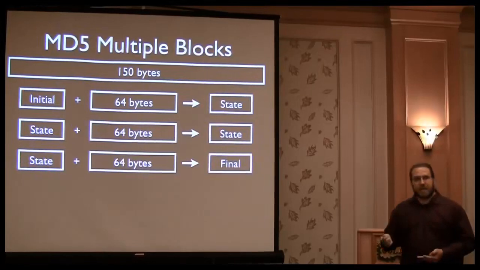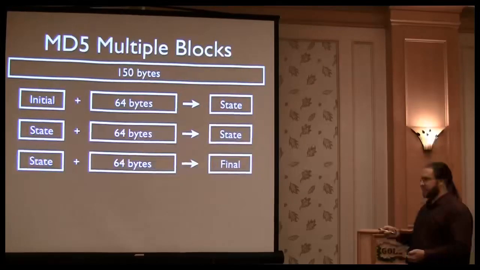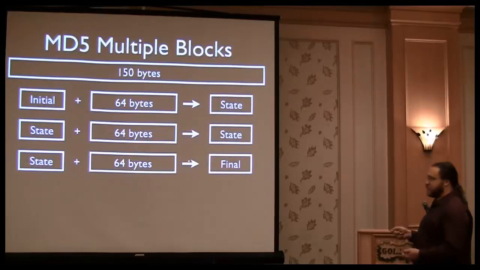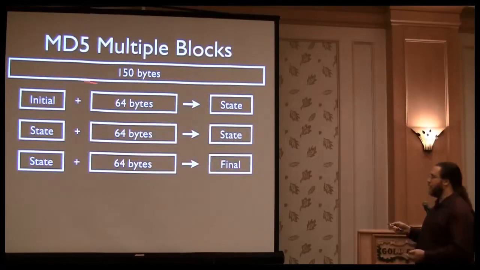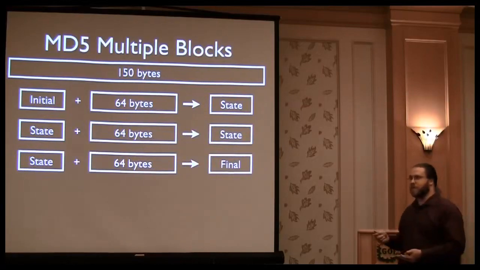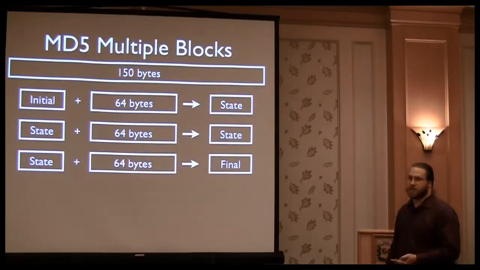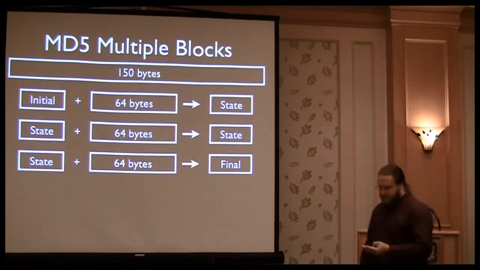What specifically matters about this for passwords is the state at the end is simply the state at the beginning of your block plus the data that you're hashing. All of this other stuff just gets condensed into one single state, which is typically right now the output size of the hash for things like MD5, SHA-1, etc.